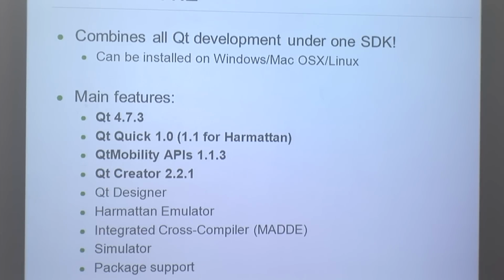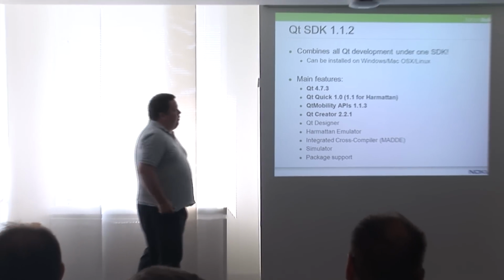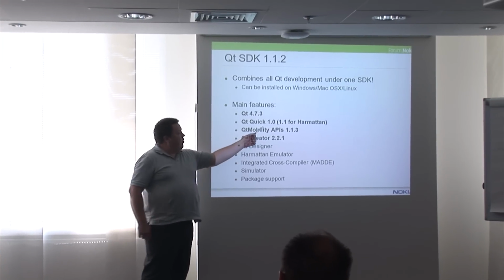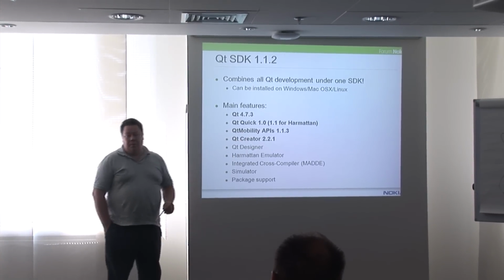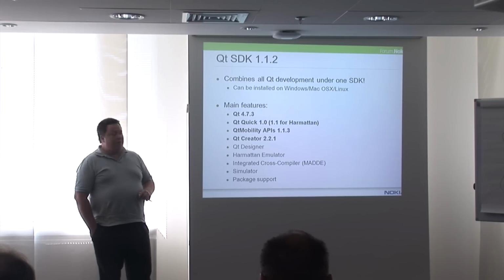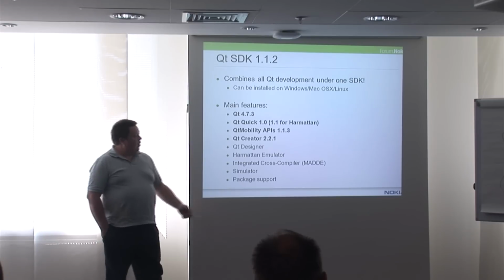So this is what we have in that tool. 4.7.3 of the Qt version, Qt Quick 1.0. Notice that Harmattan actually uses 1.1. If you try to use QML elements with 1.0, they won't work. They require 1.1.